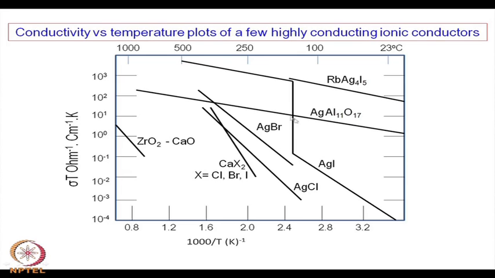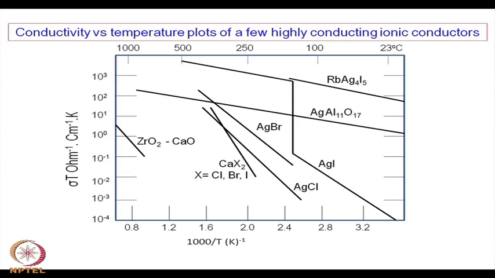You have silver bromide, silver chloride, their conductivities are slightly low, and then you have a host of calcium halides like calcium chloride, calcium bromide, calcium iodide, all of them do have calcium ion conductivity.